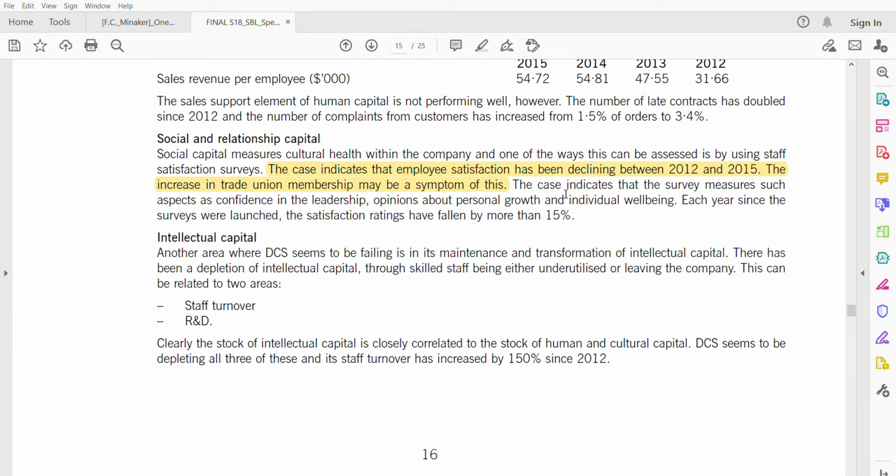The case indicates that the survey measures confidence in the leadership, opinions about personal growth and individual well-being each year. Since the surveys were launched, the satisfaction ratings have fallen by more than 15%. So overall, you can say that the cultural health of the organization is not so good within the staff. The staff are not happy, they're not satisfied.